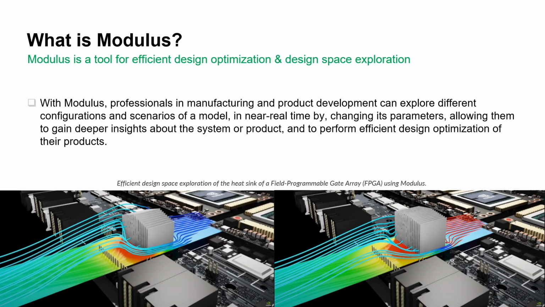Below, there's an illustration of an airflow and heat transfer simulation over an FPGA heatsink. With Modulus, you could, for example, parameterize the height of these heatsink fins during training time, and then at inference time, you can really quickly find the best design that maximizes the heat transfer out of the FPGA.